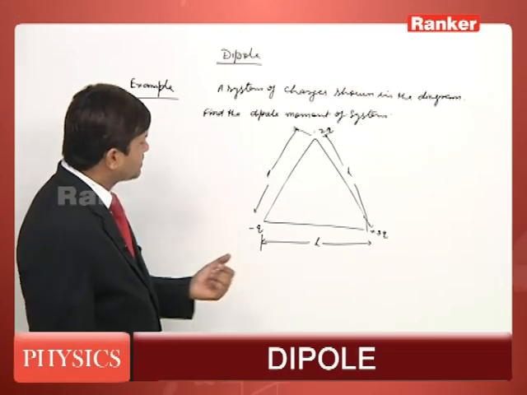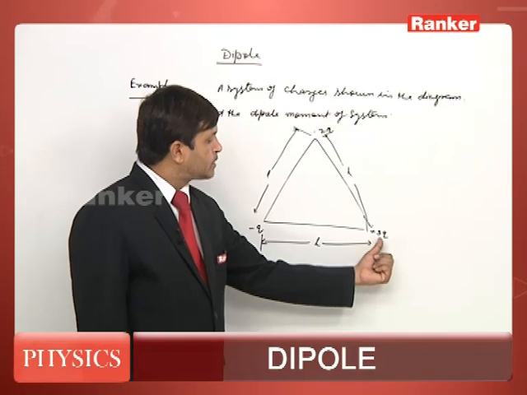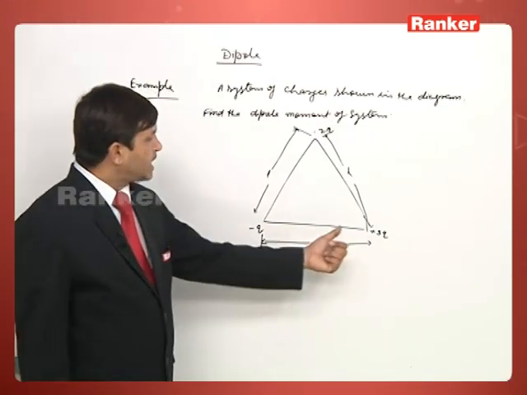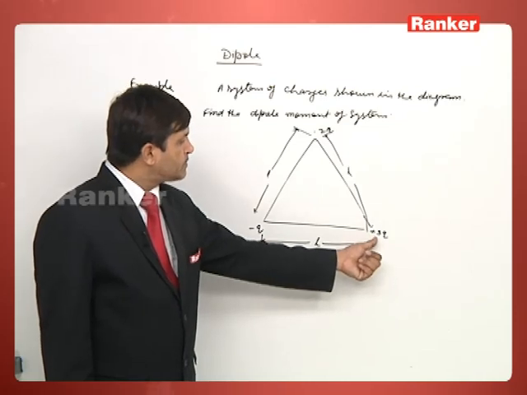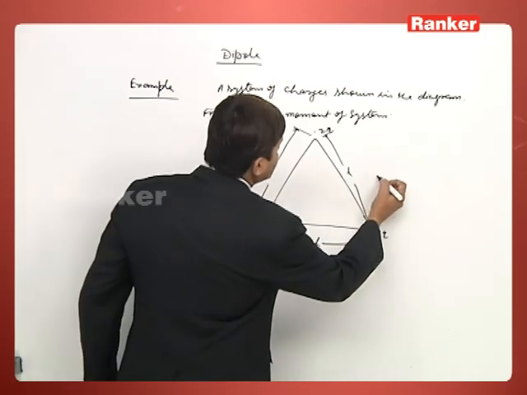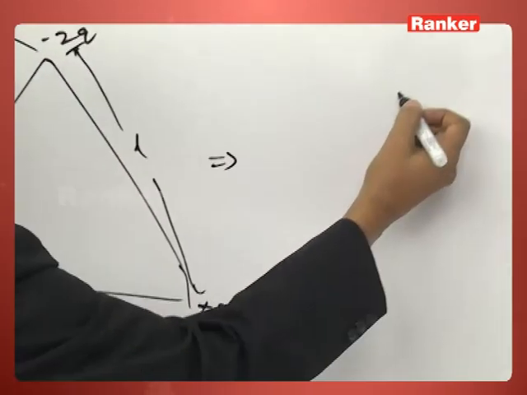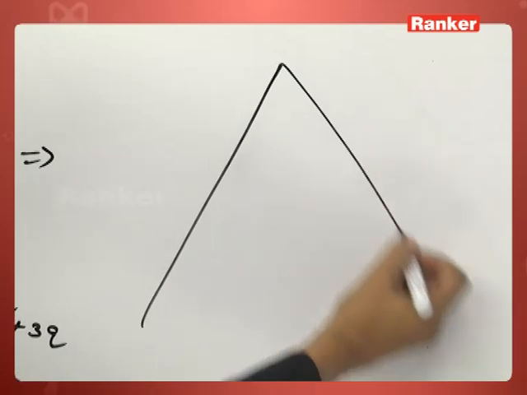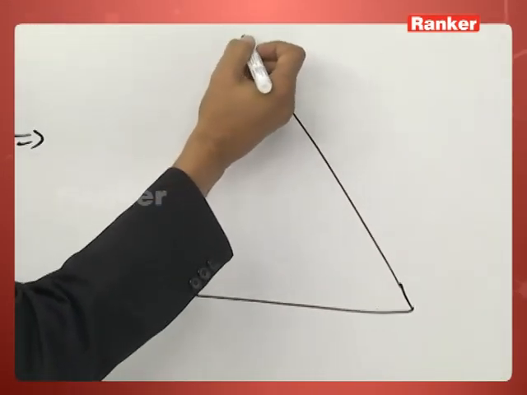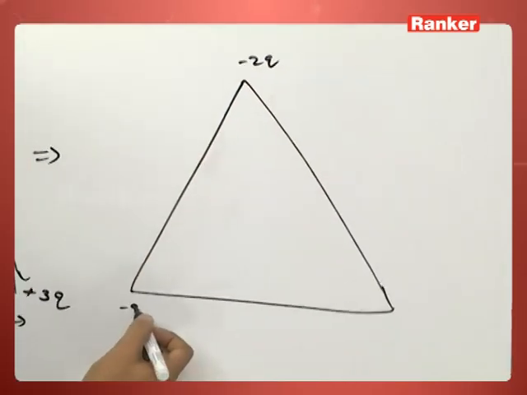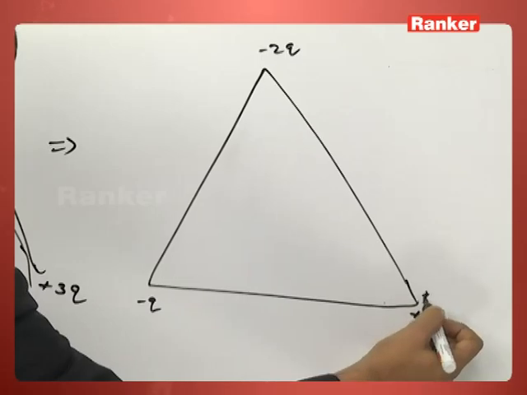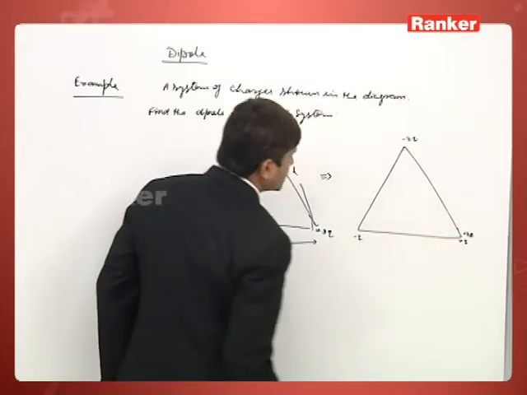How? The plus 3q charge we can split into two parts, plus q and plus 2q, with minus 2q and minus q.